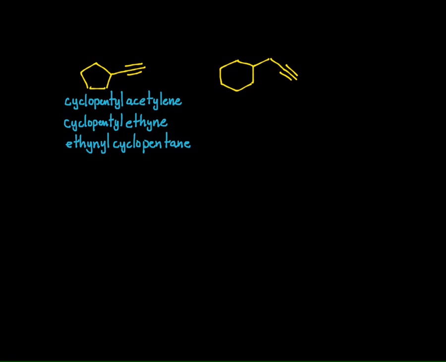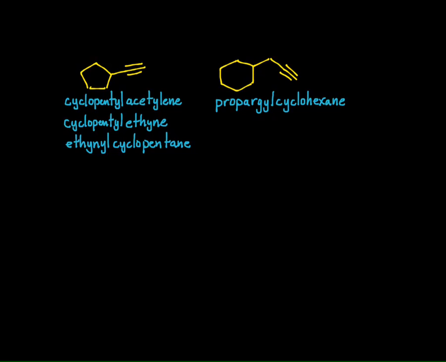Another example with a ring is here, where I have cyclohexane. If you look closely, you have that propargyl substituent, and therefore I could name that group coming off of the cyclohexane ring, and this would be propargyl cyclohexane.